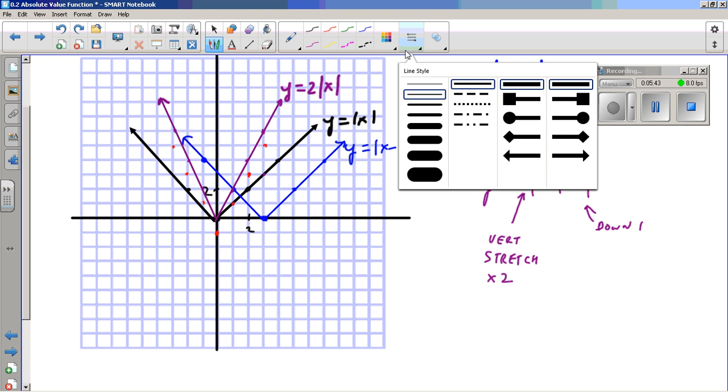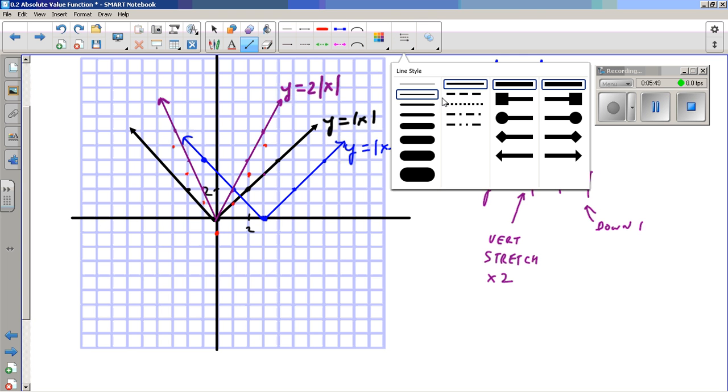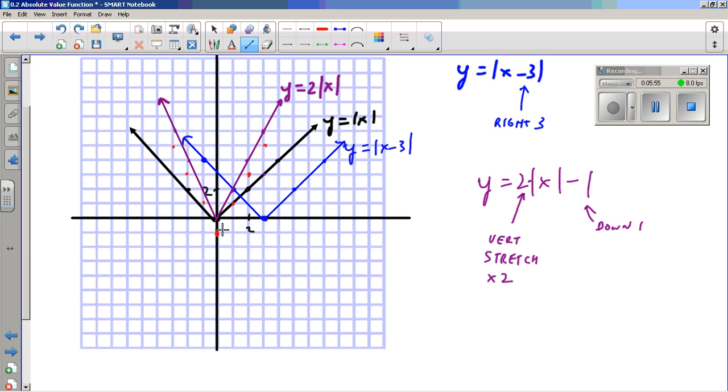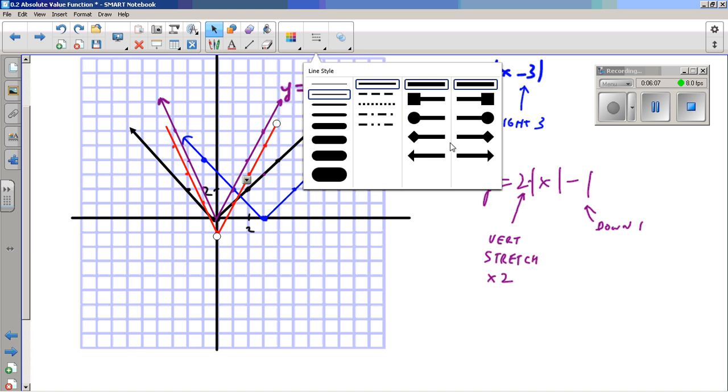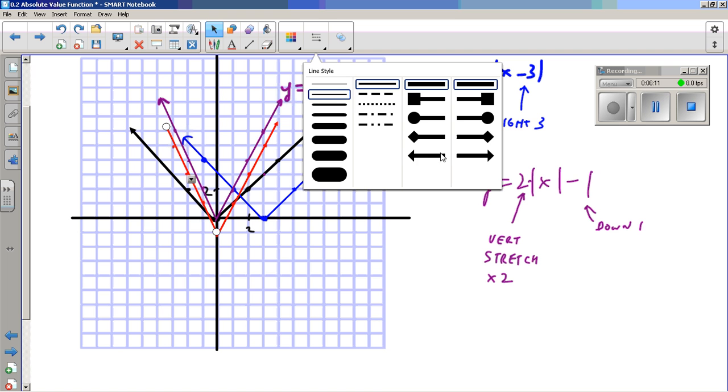Well, how did you know to do the steepness first? Well, if you remember from grade 11, that was kind of a rule that we said. We said usually we do the stretches or squishes, expansions and compressions, and reflections first before we do our moves left and right or up and down.